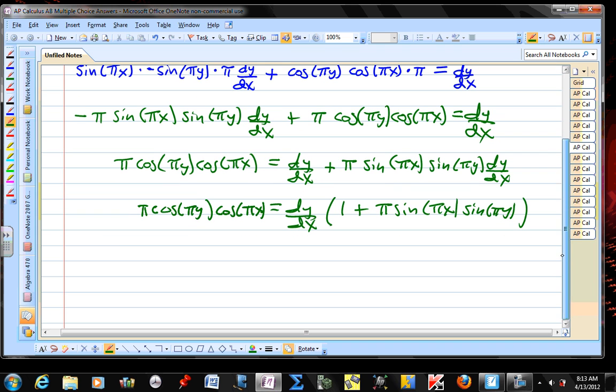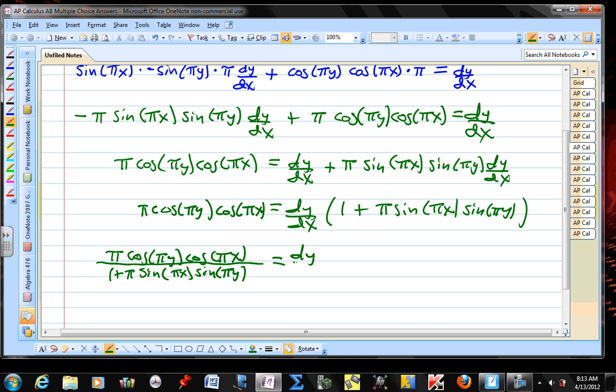Okay, and now we will divide. So we'll get pi cosine of pi y times cosine of pi x divided by 1 plus pi sine of pi x times sine of pi y.